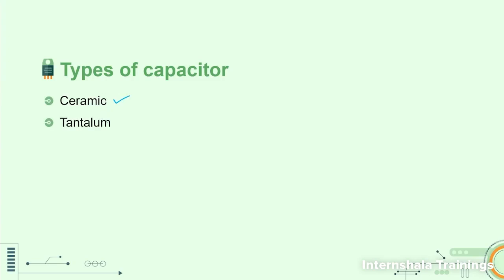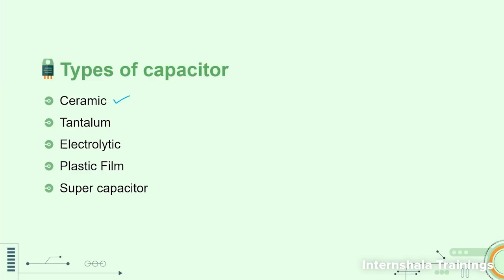Then the next type of capacitor is tantalum. After that the next one is electrolytic, and after that the next one is plastic film, and in the end the last one is supercapacitor. So these are 5 different types of capacitors which are most widely used when we design the hardware or when we design the circuit.